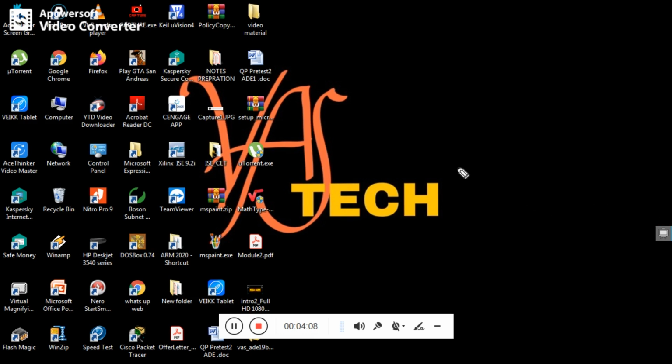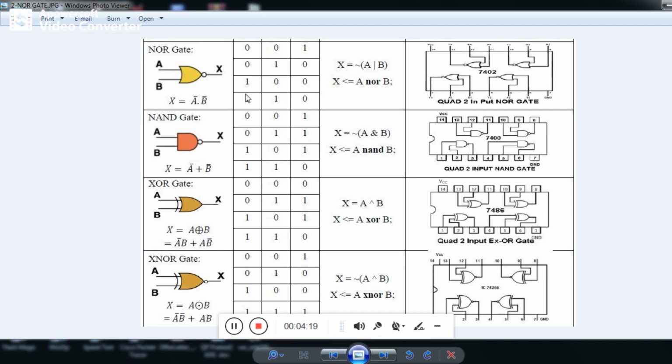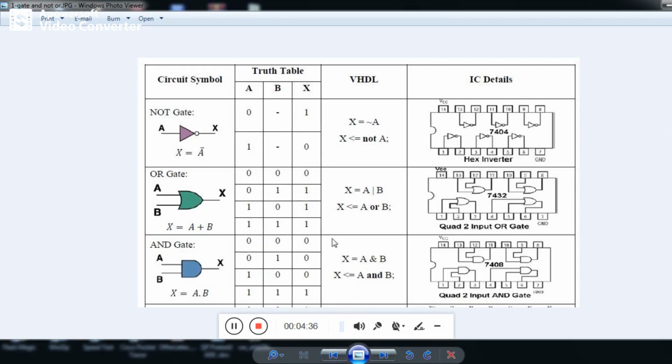So you can see in the diagram here, these are the basic gates.